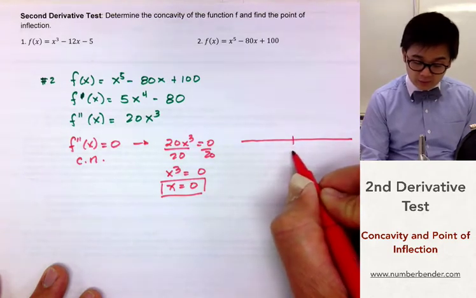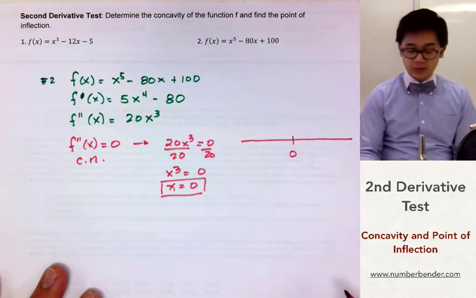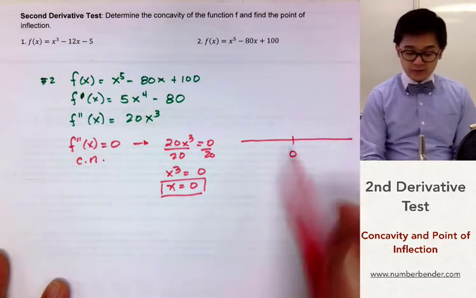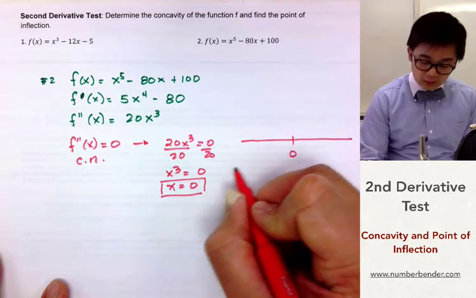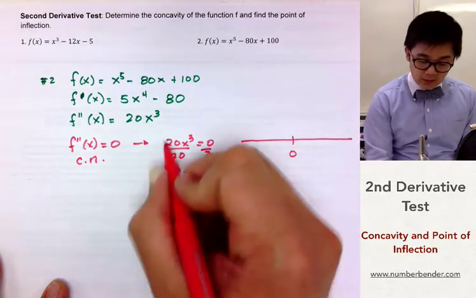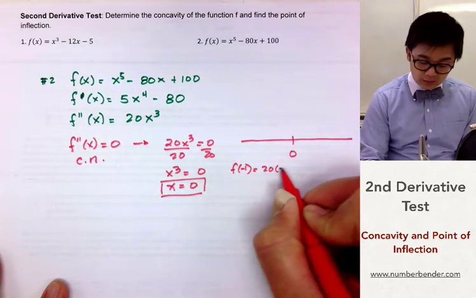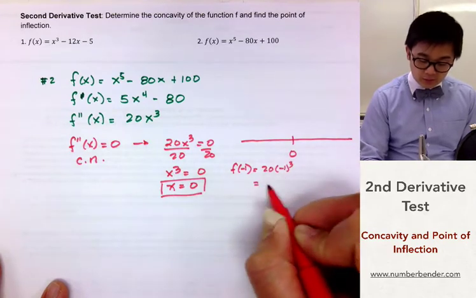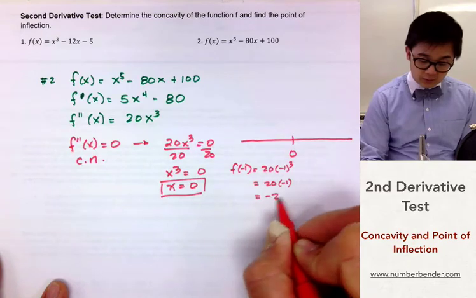So let's see if the concavity is positive or negative, or concave up or concave down on this interval. So let's start with the left interval. So let's use -1, and our f double prime is 20x cubed this time, so it's 20 times -1 cubed, which gives us 20 times -1, which is -20.